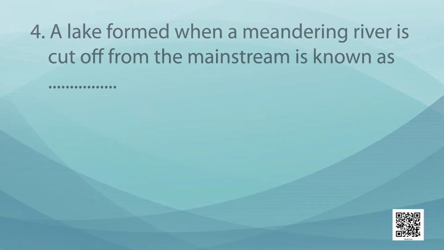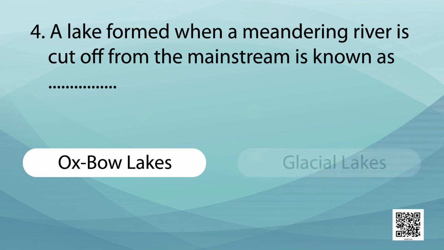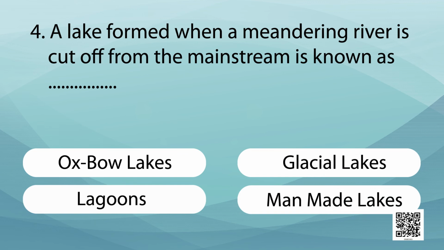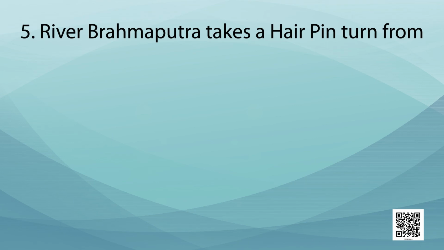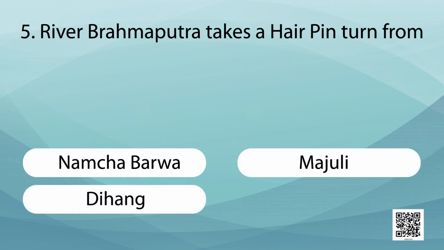A lake formed when a meandering river is cut off from the mainstream is known as oxbow lake, glacial lakes, lagoons or man-made lakes. Correct, they are called oxbow lakes. River Brahmaputra takes a hairpin turn from Namcha Barwa, Majuli, Dihang or Dibang.